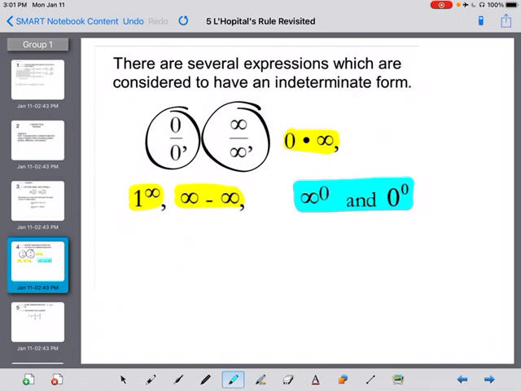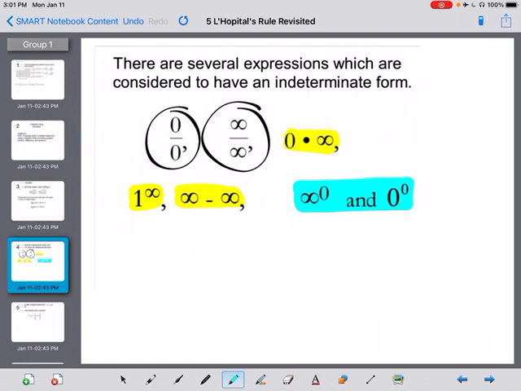If it is one of these other forms that I've highlighted, our job is to rewrite it, or possibly write an equation, that can get it into the form of either 0 over 0 or infinity over infinity.